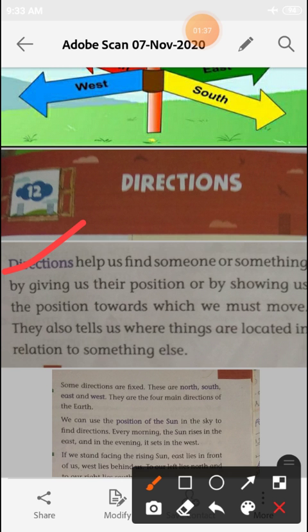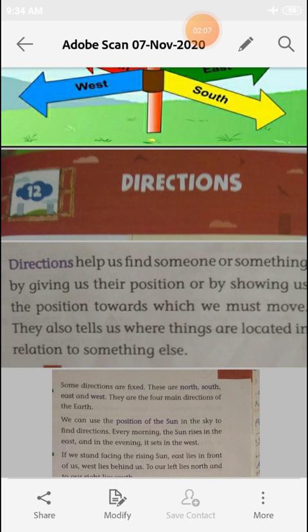Suppose that at school a new student wants to find the bathroom. You could tell him to go straight ahead and take a left to reach the bathroom. We use directional words like left, right, straight ahead, behind, and in front of to give direction.